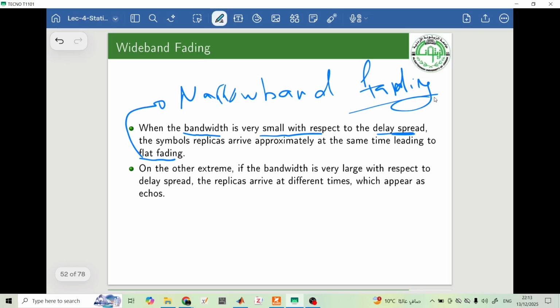On the other hand, if the bandwidth is very large with respect to the delay spread, we will have wideband fading, as we said earlier.